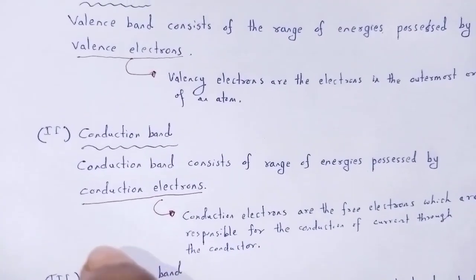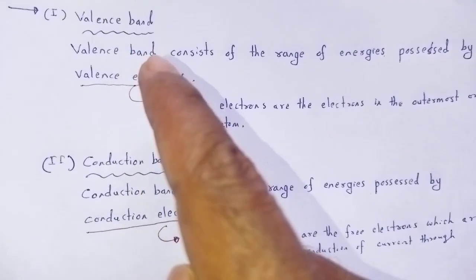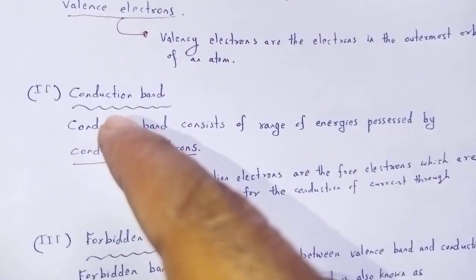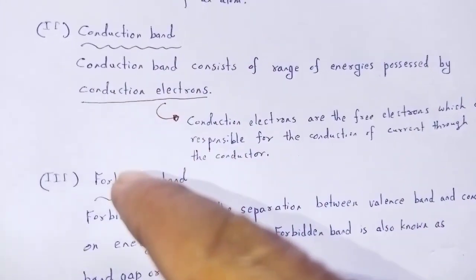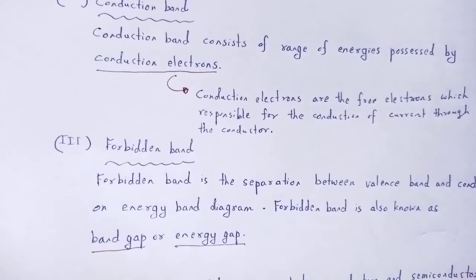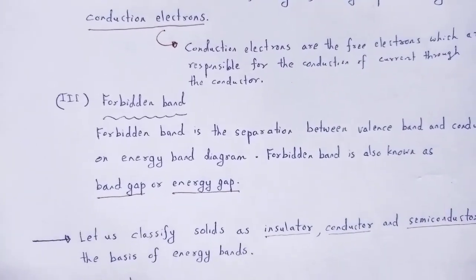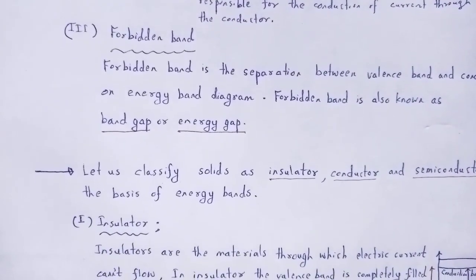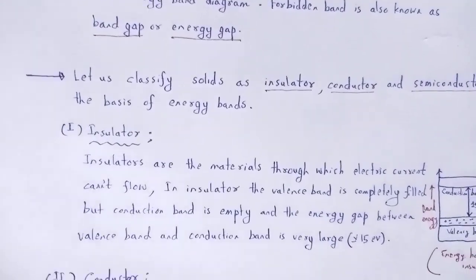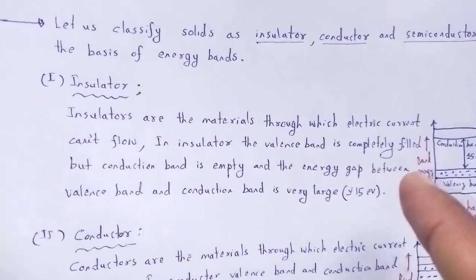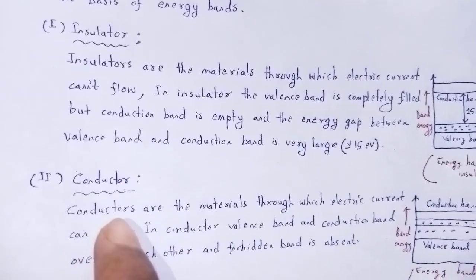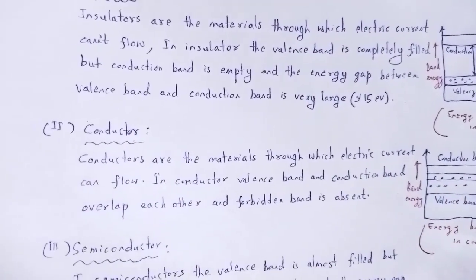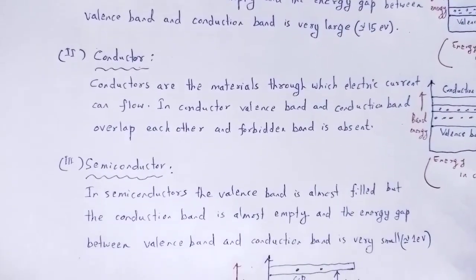Just an idea of what is valency band, what are conduction bands and what is forbidden band. On the basis of the energy band, we classify solids as insulator, conductor and semiconductor.